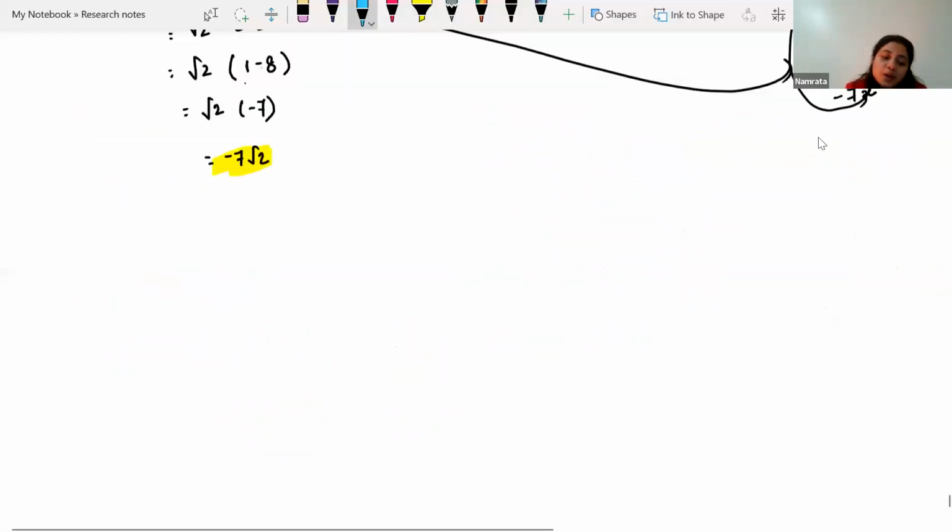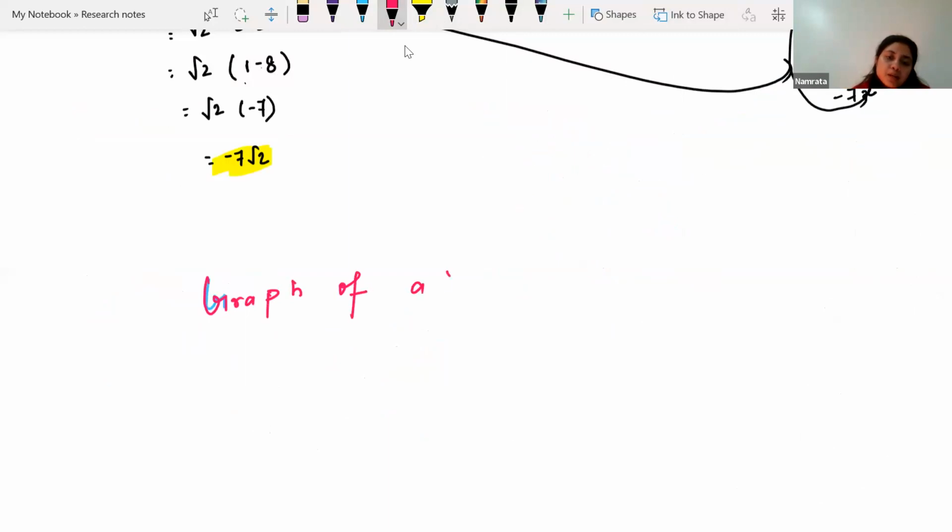So now the next part is graph of a linear equation in two variables. We will be discussing how to plot a graph of linear equation in two variables.